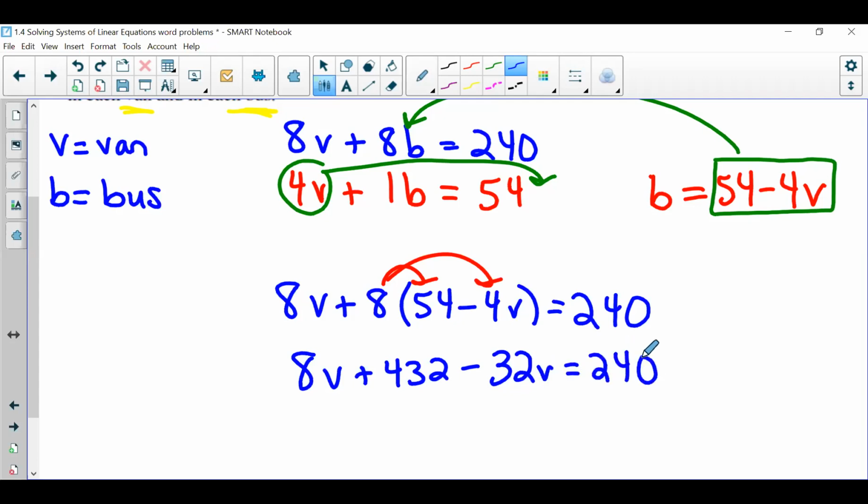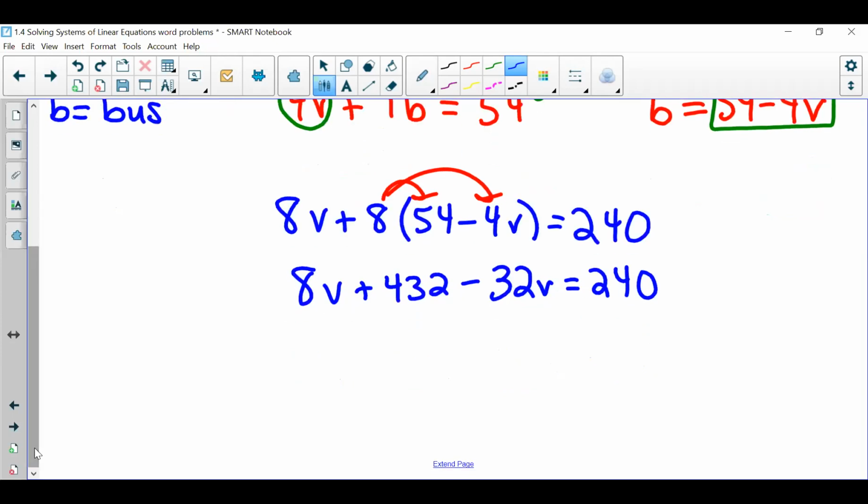And then there's the 2 variables, so you'll want to subtract 32V from 8V. Do 8 take away 32. That will be negative 24.